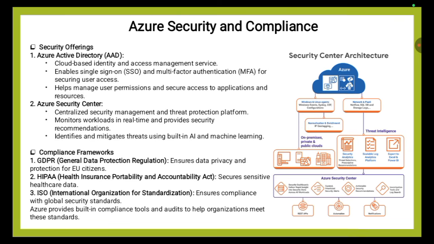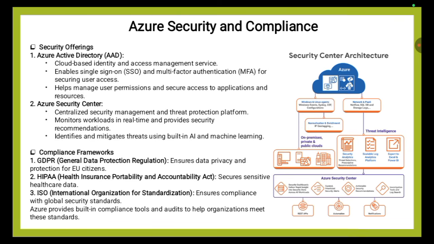The provided image shows the Azure Security Center architecture, starting with Azure at the top, which collects data from Windows and Linux agents and network and PaaS sources like NetFlow, SQL DB, and storage logs. This data is processed through normalization and enrichment for IP geotagging.